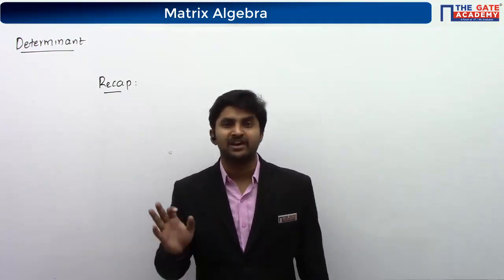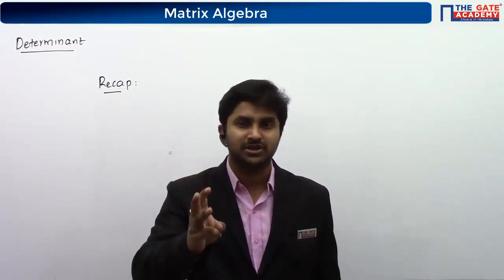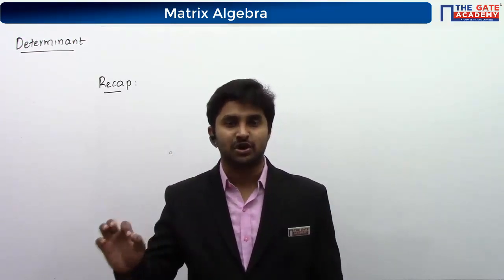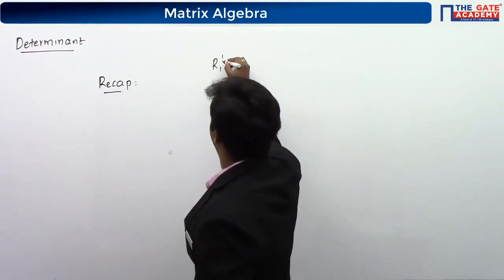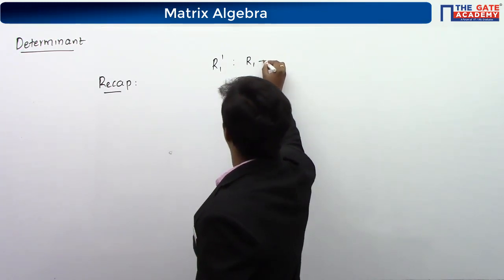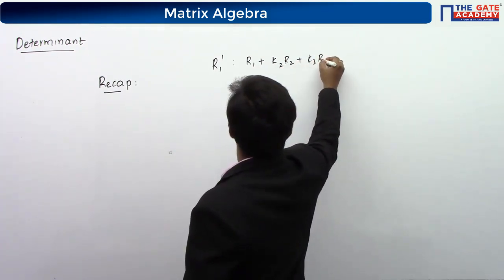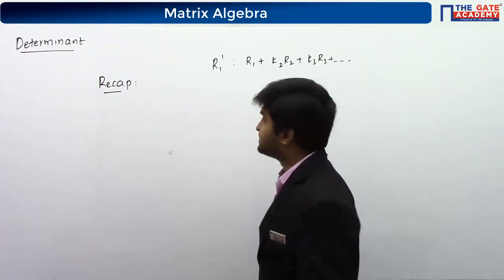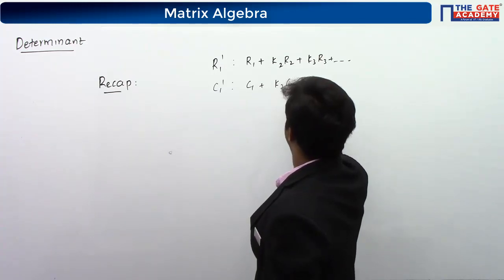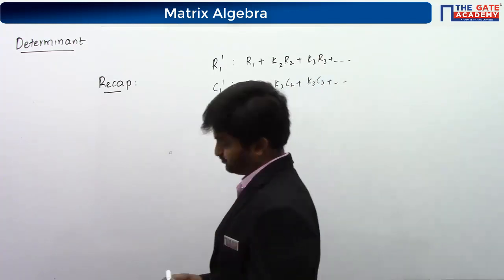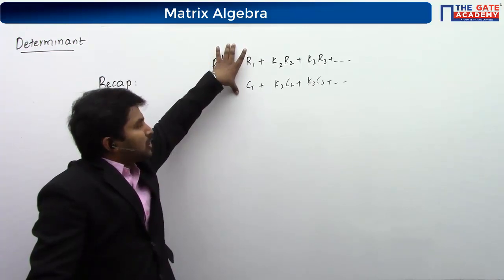One thing I want to make clear is that whether you use row operations, column operations, or both, the determinant value is not going to change as long as you follow the rule that if I am operating on row 1, it is going to be R1 plus k2 R2 plus k3 R3 and so on, and C1 dash is going to be C1 plus k2 C2, k3 C3 and so on. These are the column operations and the row operations.